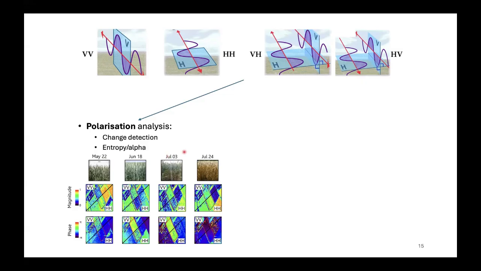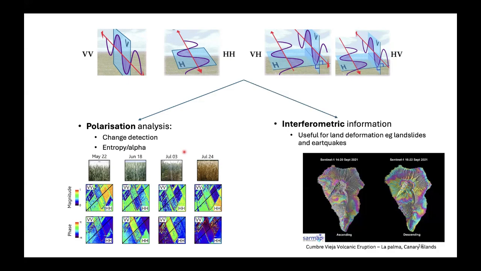And this tells you about how the signal is interacting with your target. And by this, I mean, how does your signal scatter? According to how it scatters, you're able to interpret properties about your target. So here is a very brief example about crops. Over time, you can see that the magnitudes and the phase change, and this can tell you about the state of the crop. You can also look at entropy and alpha, but this I'll go into a bit more in depth.